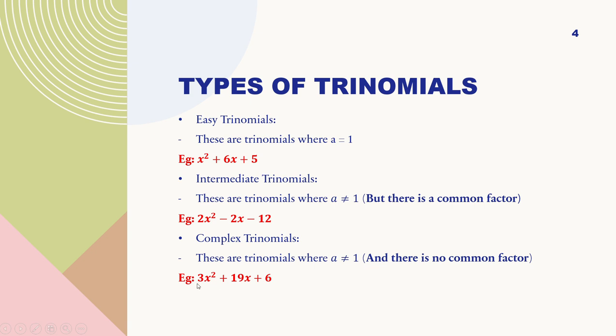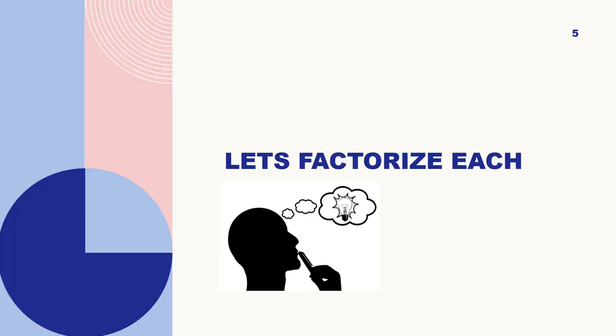If you look at the expression 3x squared plus 19x plus 6, you will see that there is no common factor we can take out. 3, for example, does not go into 19, even though, yes, it does go into 6. The fact that it does not go into every one of those coefficients means we cannot take out a common factor. So let's get into how we factorize each of these.